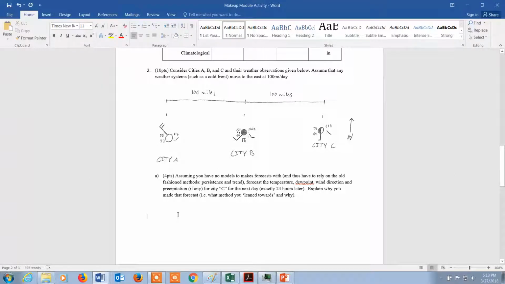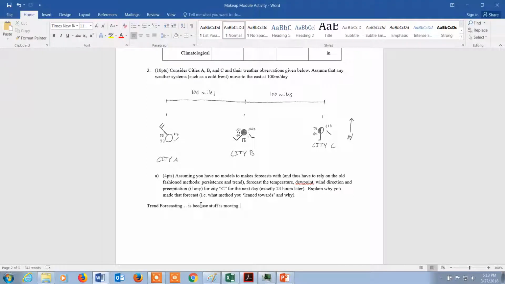Really, the only valid forecasting technique would be trend forecasting, because stuff is moving. Any weather and any weather systems are moving to the east, and so we can use that knowledge to make our forecast. That is an example of a trend forecast.